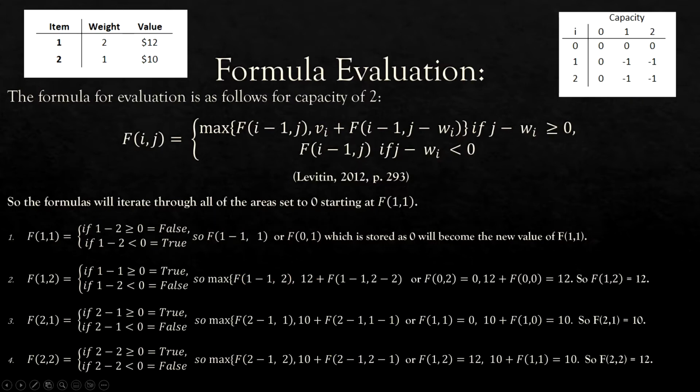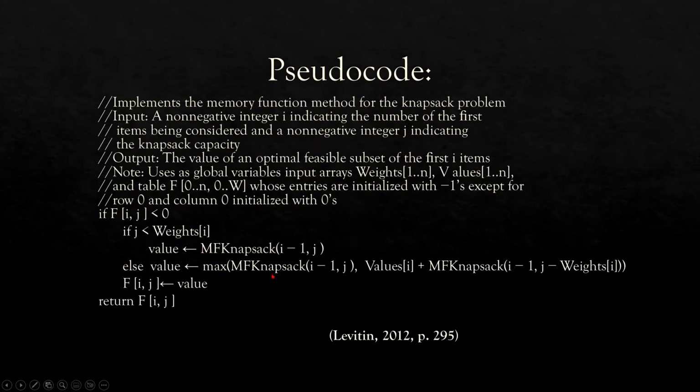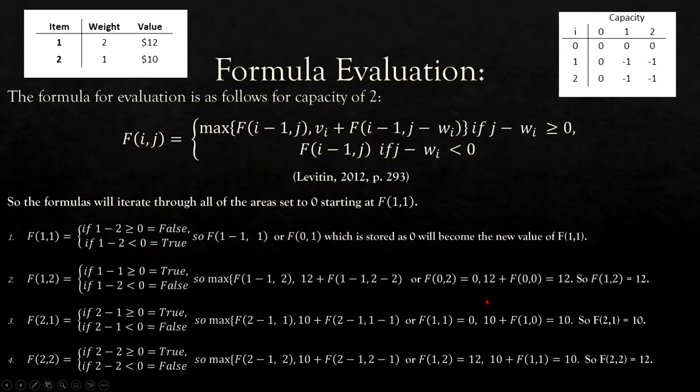And if we go back to the pseudocode, we can see that that's the same thing that's happening here. The max of this section or the max of this section. Value i is going to be your 12. Okay. So as we move through, we know that the first section, f of 0, 2, evaluates to a 0. So that is the lowest currently.